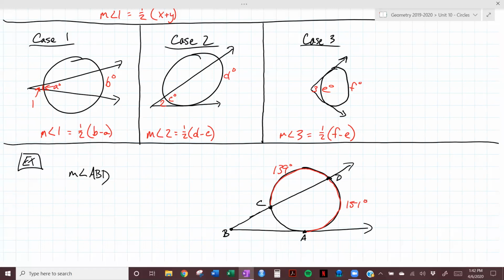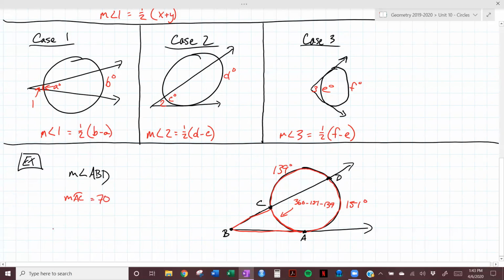So in order to find ABD, we've got to figure out how much this arc is. Well, that arc is just 360 minus 151 minus 139. Okay, so that gives us 70. So the measurement of arc AC is 70.